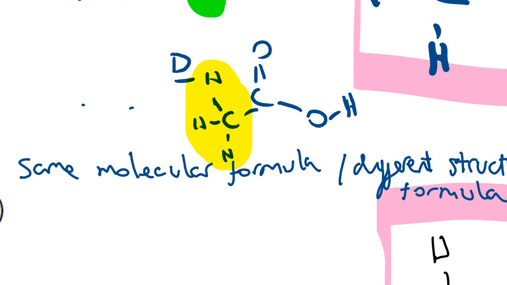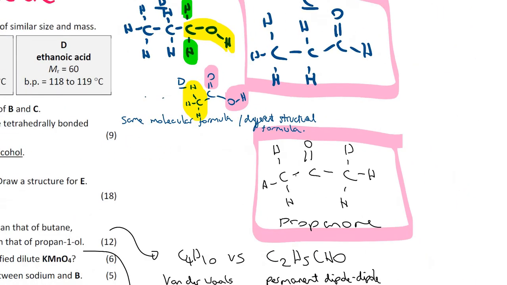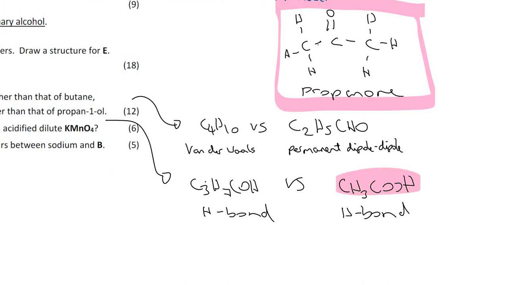Ethanoic acid has one site for hydrogen bonding, and another site for hydrogen bonding, whereas propan-1-ol only has an OH group, so it's only got one site for hydrogen bonding. So ethanoic acid will have a higher boiling point. There's more than one site for hydrogen bonding in the molecule. This will have a higher boiling point because of the fact that it's got more sites for hydrogen bonding.